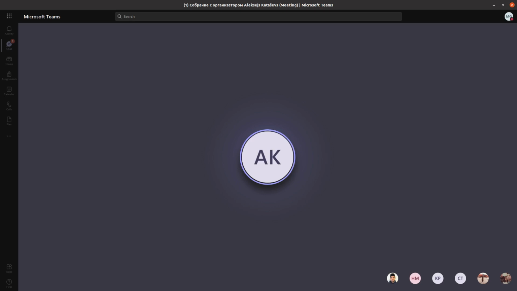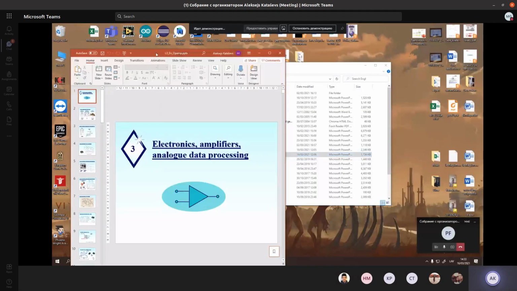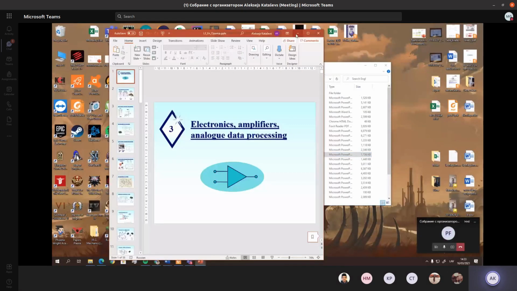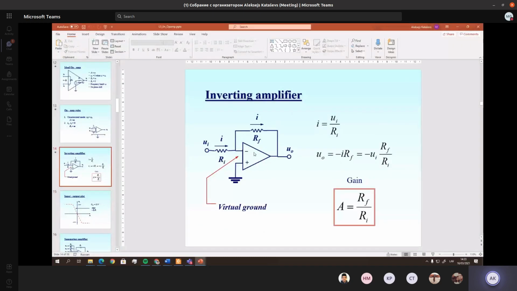I think so now I have to wait a minute. I will share my screen now. So here actually what we started to discuss, and we came to the inverting amplifier circuit. So this probably was the last we had discussed.